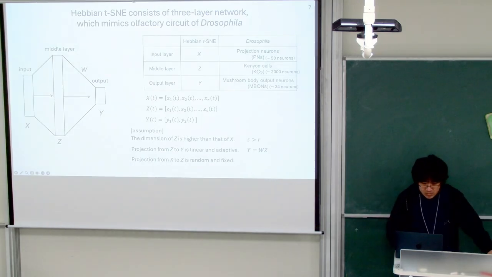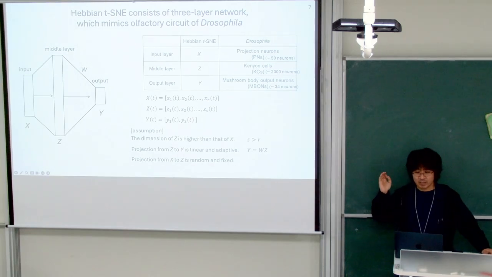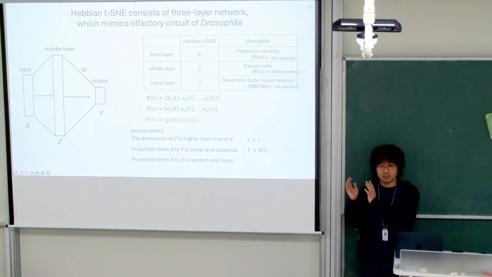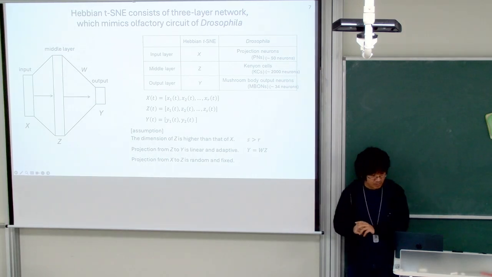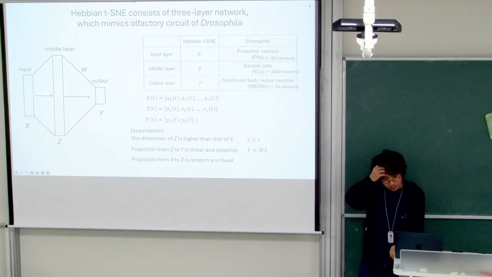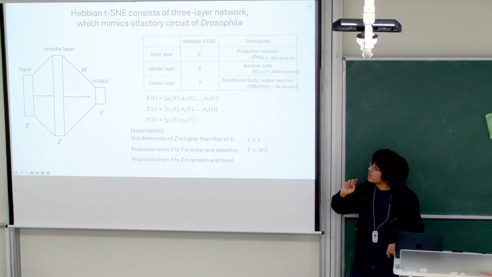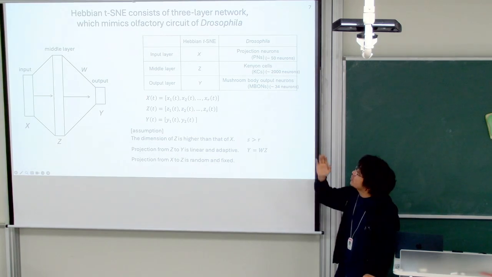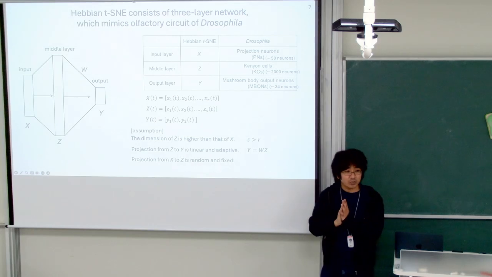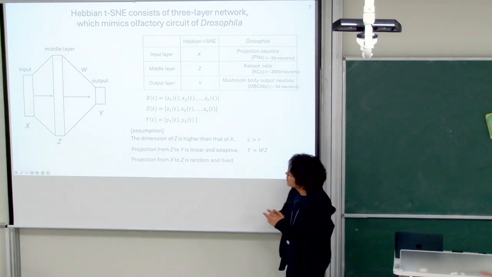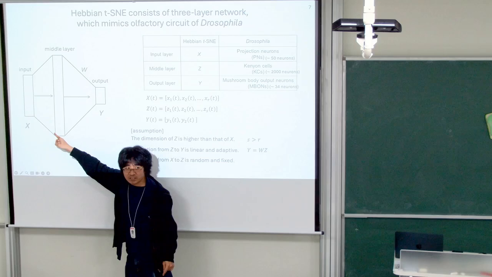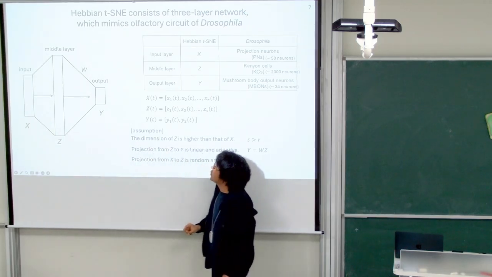Then, the authors developed a new method for dimensionality reduction inspired by real biological circuits. The important point is that this new method, called Hebbian t-SNE, consists of a three-layer network: input layer, middle layer and output layer.